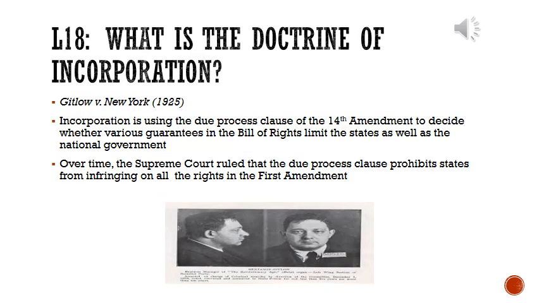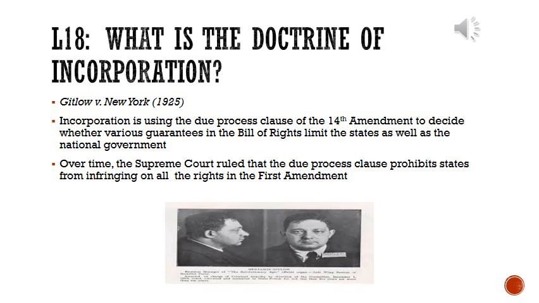Okay, we're going to go even further with due process, and we're going to talk about something called the doctrine of incorporation. This comes out of a court case called Gitlow versus New York in 1925. Gitlow was a socialist, and he was giving out socialist pamphlets on a street corner in New York City back in like 1922, 1923.